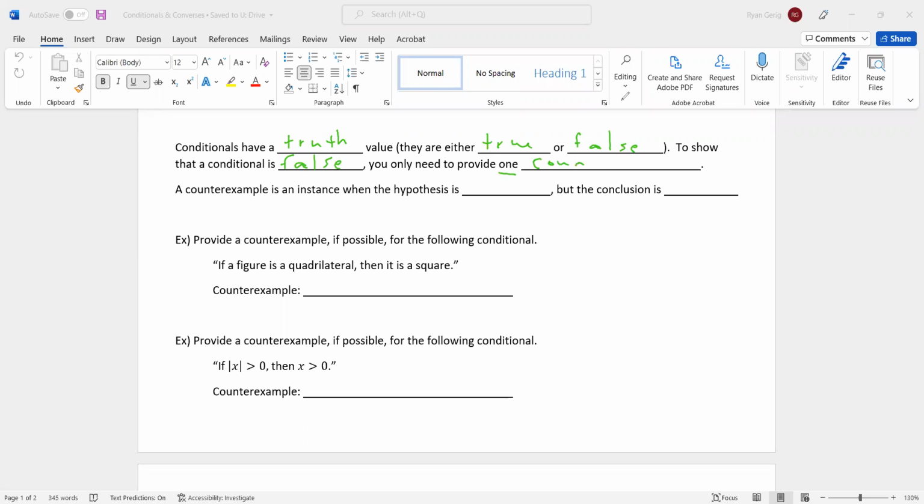I talked about a counterexample in the previous lesson. Now I'm going to talk about what is a counterexample when we're talking about conditionals. A counterexample is an instance or a time when the hypothesis is true and the conclusion is false.